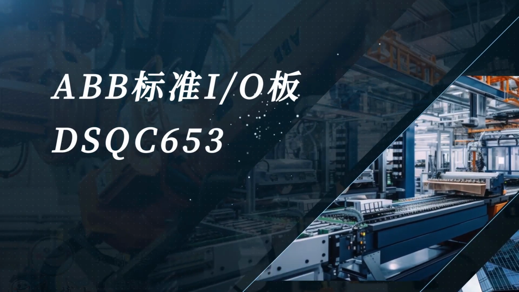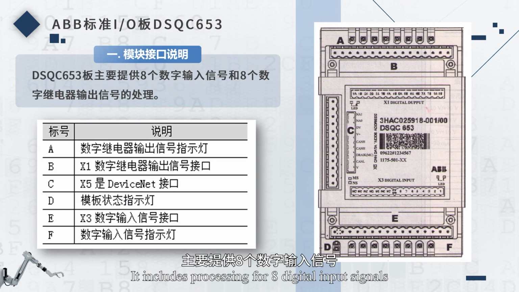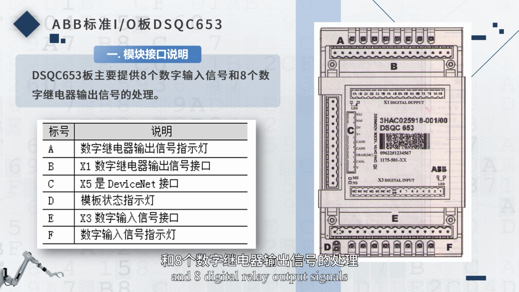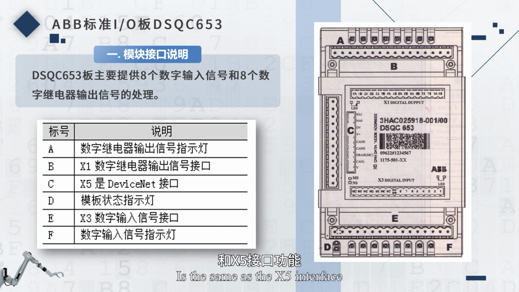Next is DSQC653 board. Here are the characters on the board, as shown in the figure. It includes processing for 8 digital input signals and 8 digital relay output signals. The X5 interface 6 to 12 jumpers are available. It's the same as the X5 interface in DSQC651.